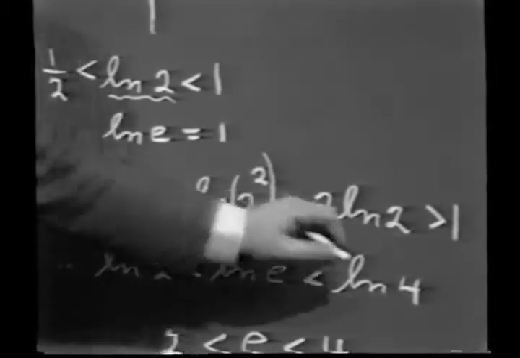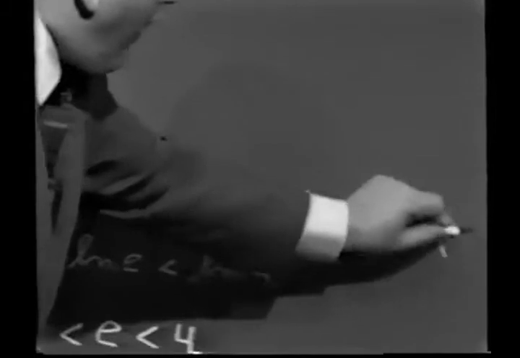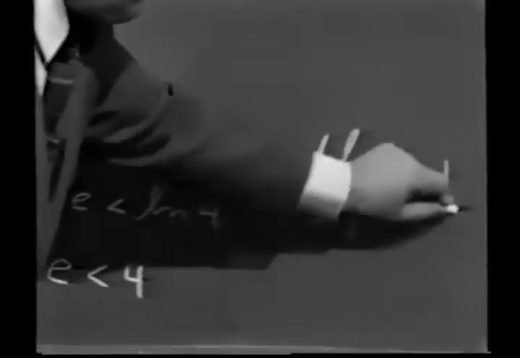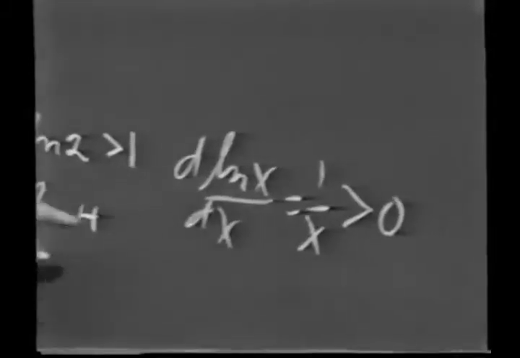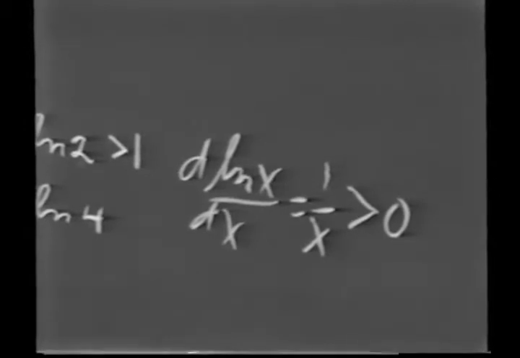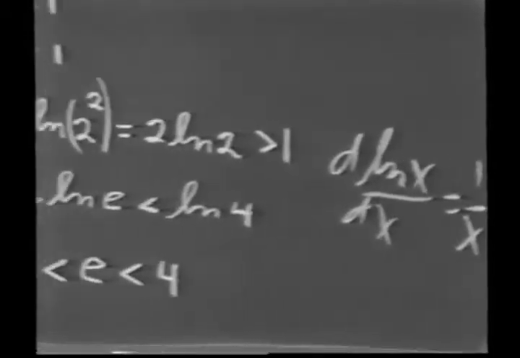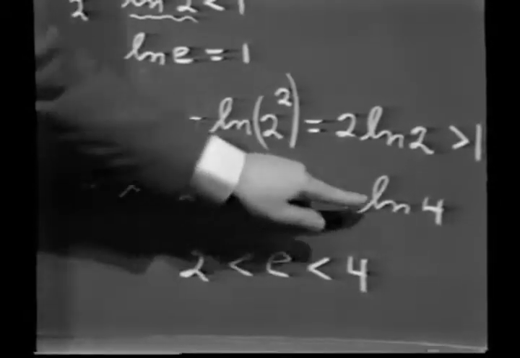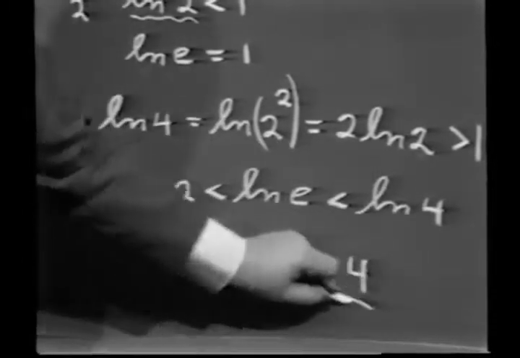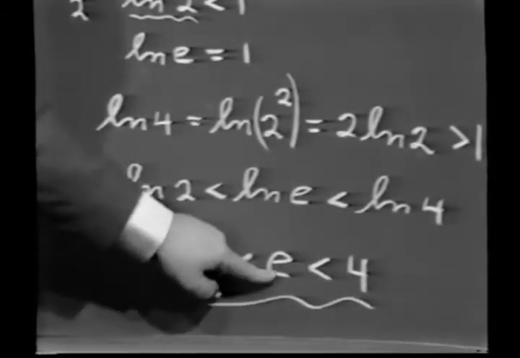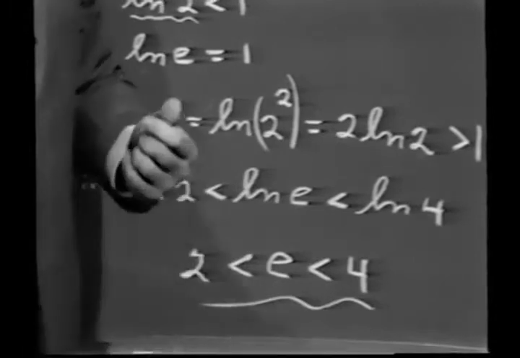By the way, notice that since the derivative of log x with respect to x is 1 over x, and that's positive, log x is a 1-to-1 function. Therefore, if the log of 2 is less than the log of e is less than the log of 4, it follows that 2 must be less than e, which in turn must be less than 4.